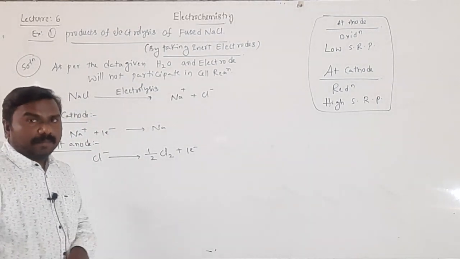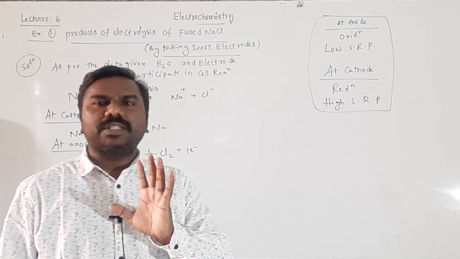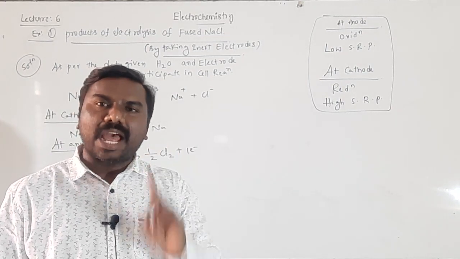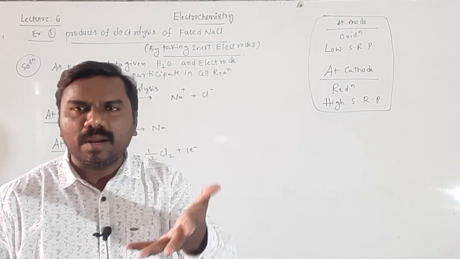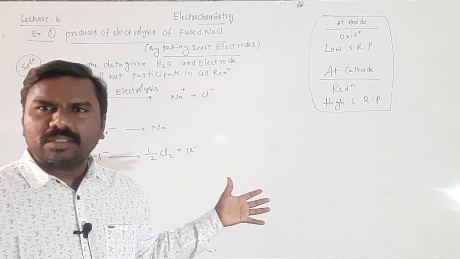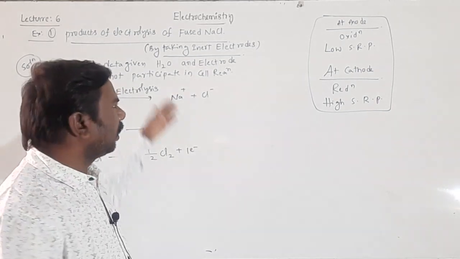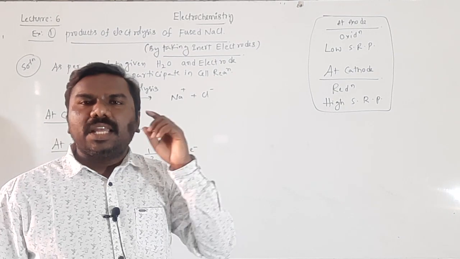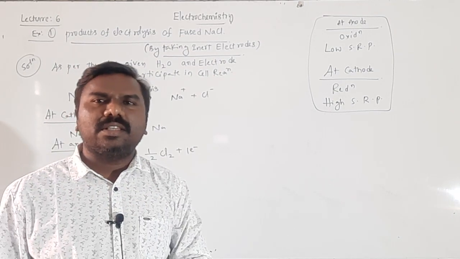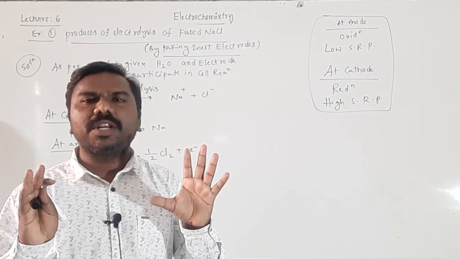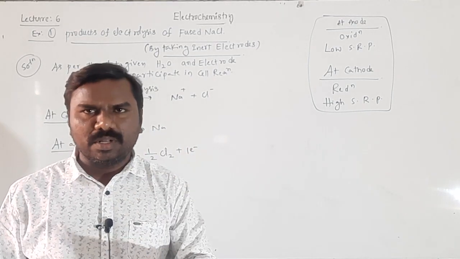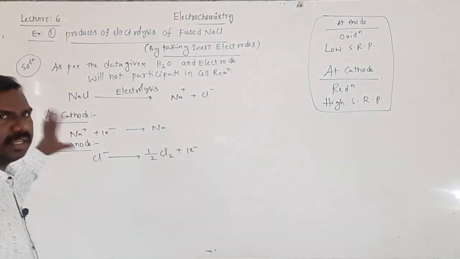At anode one reaction only, no competition. At cathode also only one reaction, no competition, because there is no water in competition, since it is fused, and the electrode is inert. That's why no confusion, very easy.